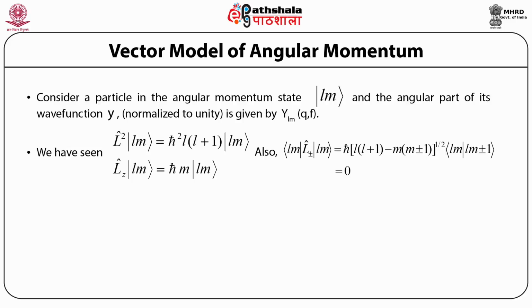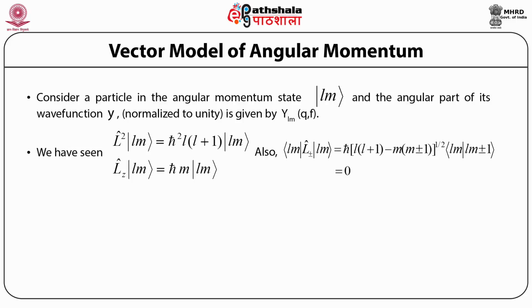Lz acting on the ket vector Lm gives h cross m times ket vector Lm, where h cross m is the eigenvalue corresponding to the operator Lz acting on the ket vector Lm.